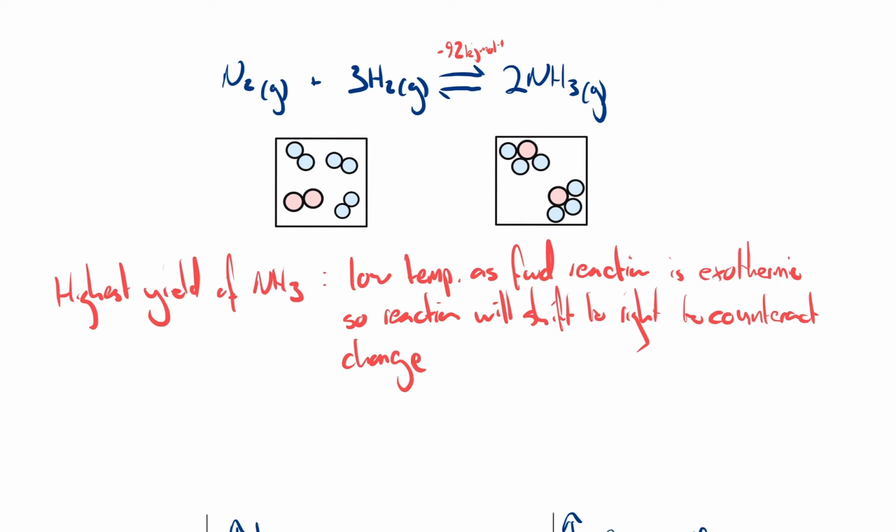And then we can think about what we need to do to the pressure. If we look on the left-hand side, we've got 4 moles of gas. And on the right-hand side, we've only got 2 moles of gas. So therefore, we want as high a pressure as possible.